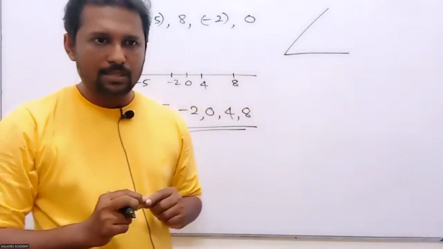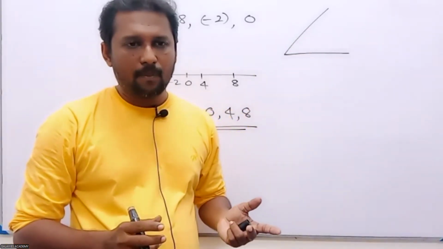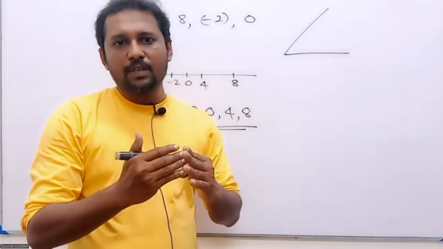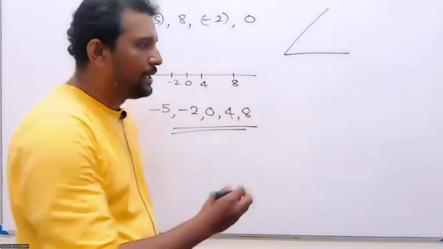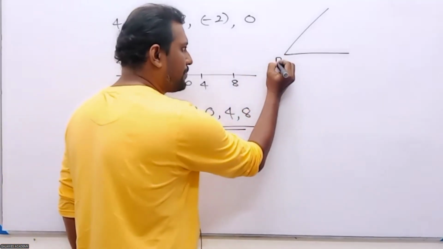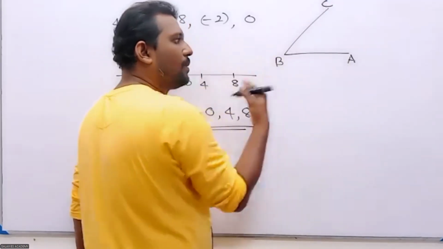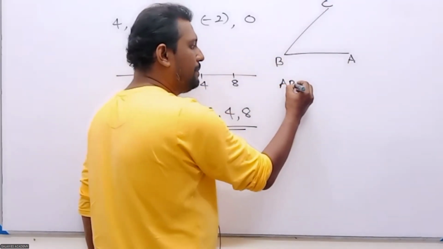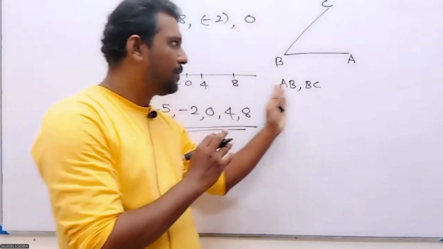These straight lines are known as arms. The intersecting point of the arms is known as the vertex. Here the vertex is B, this one A, and this point C. So what are the two arms? AB and BC. Vertex is common for both arms.